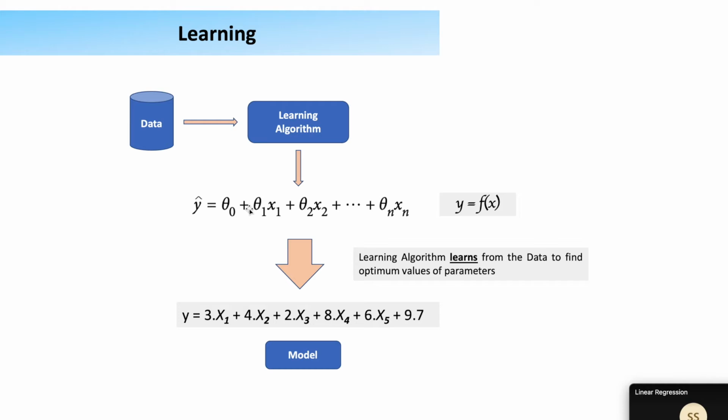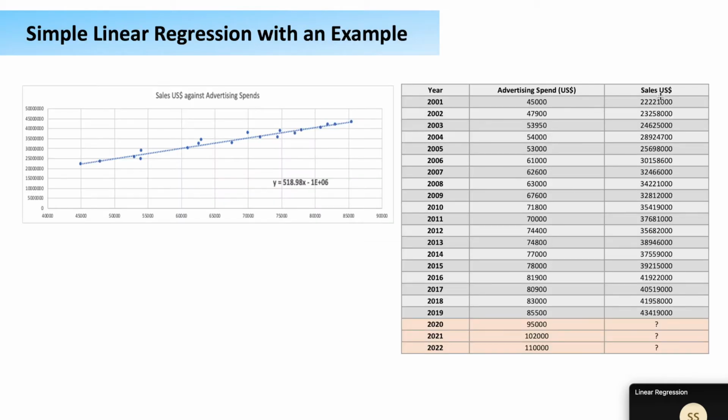In our case it uses an approach called gradient descent. We can't get into gradient descent here, as that takes some explanation, but it uses that approach to learn the optimum values of theta 0 and theta 1, so that our equation is the best fit equation between advertising spend and sales.